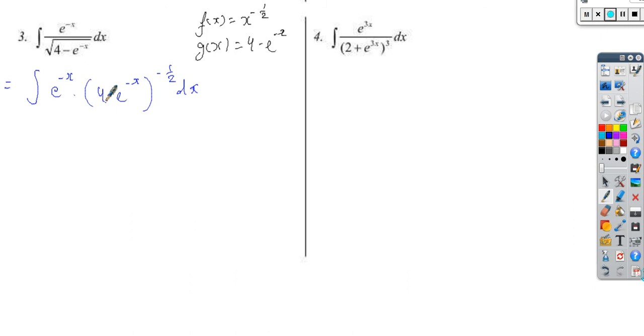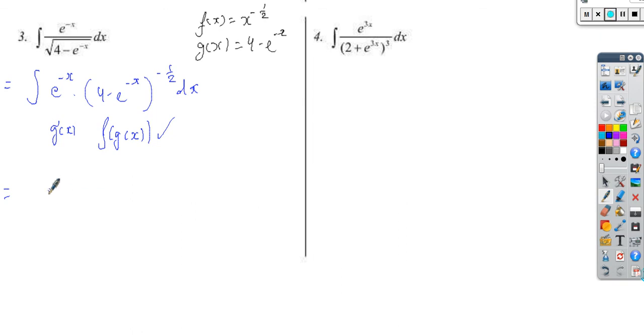Well, the derivative of 4 minus e to the power of minus x, I'll let you work that out slowly, continue here your side work, and you'll realize that the answer is exactly this one. So here, we already are in the format g prime of x, and f of g of x is there. So everything's good here for this one. I don't need to do any gymnastics in front.